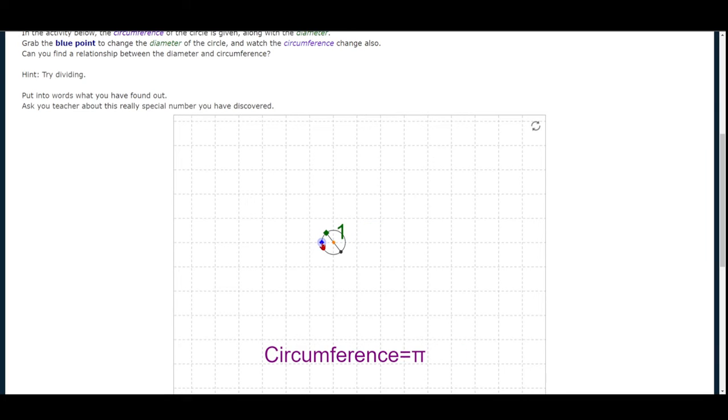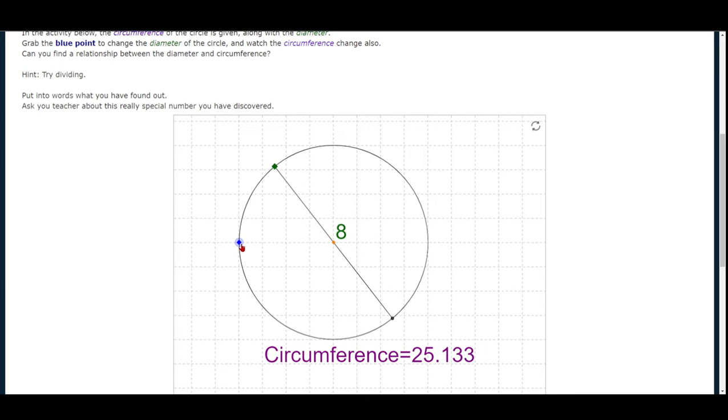Look at 1. Oh, we do see a relationship there, because our circumference is now changed from an actual number to just a symbol. So by looking at all of these different relationships between the diameter and the circumference, what we should find is that the circumference, or the distance around, is just the diameter multiplied by a special number.